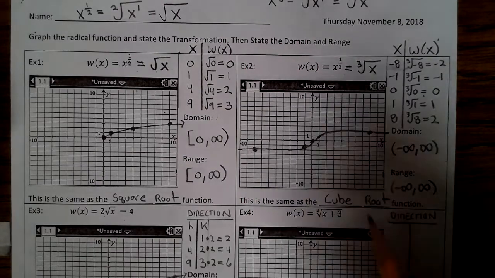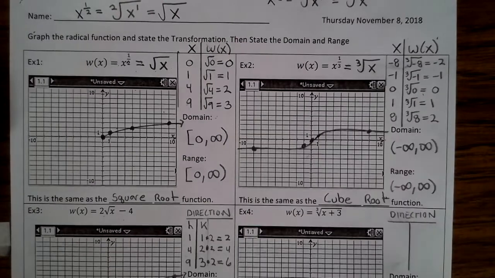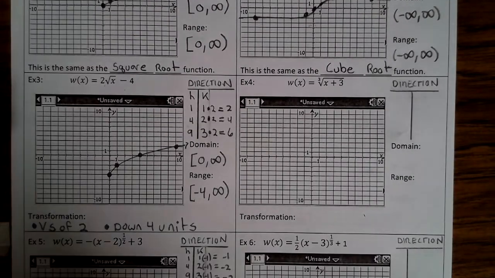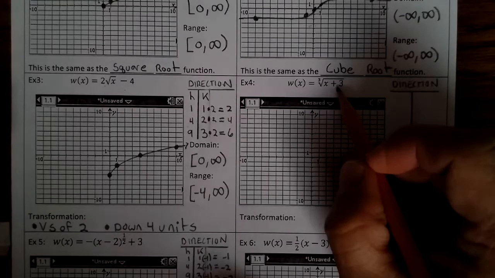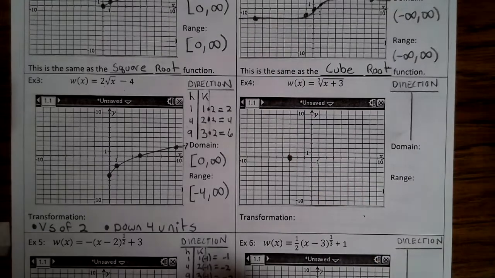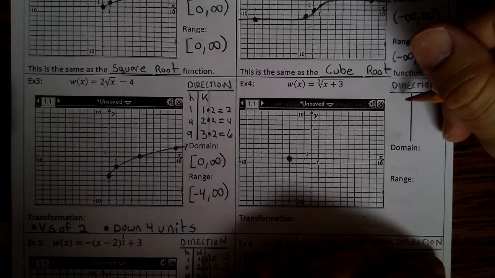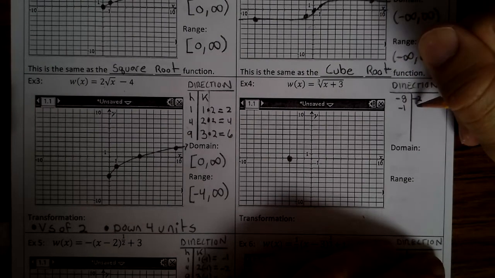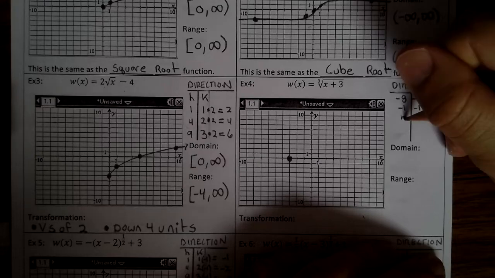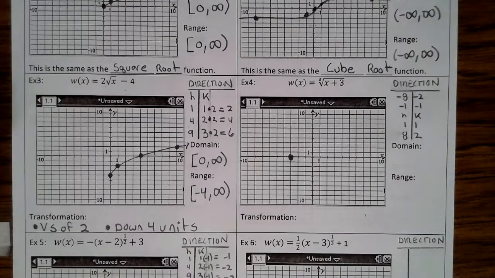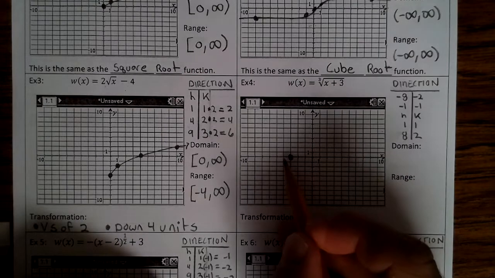All right, example 4. We first move the vertex. That +3 means we go left 3. Then we graph by direction, which we know is -8, -2; -1, -1; H, K; 1, 1; 8, 2. So we go left 8, down 2.